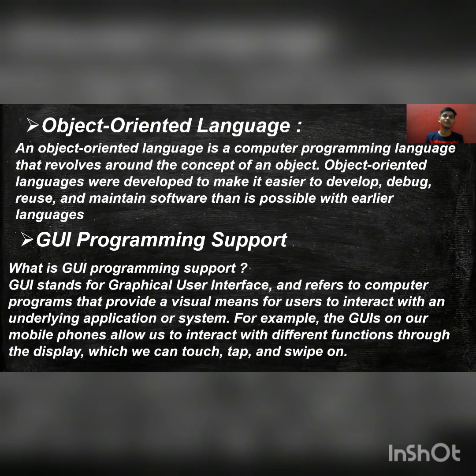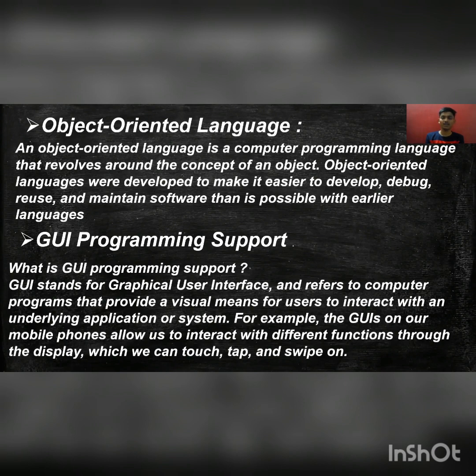And next, GUI programming support. Python has GUI programming support. What is meant by GUI? Here, GUI is nothing but graphical user interface. Graphical user interface is known as GUI. Before going further, what is GUI programming support?